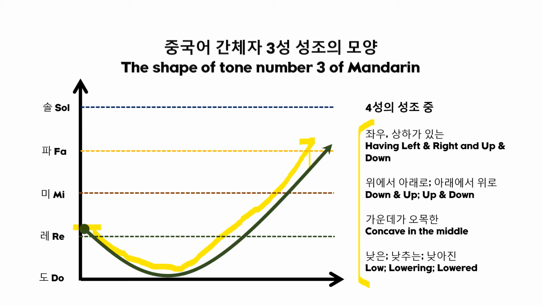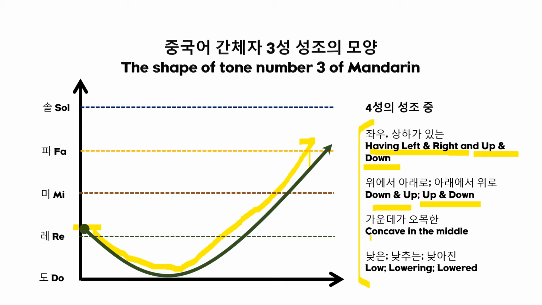This shape has left and right and up and down, right? And from down to up, and up and down, and down to up.